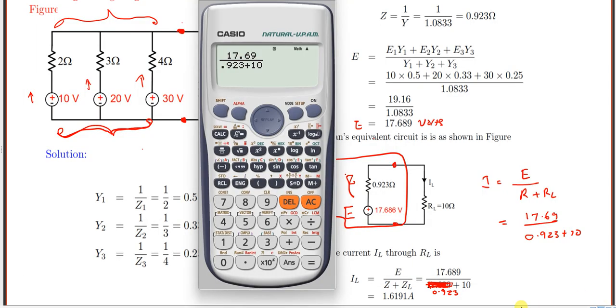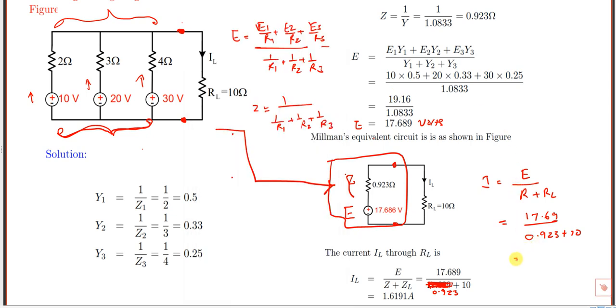Okay, so press equal to, if you click, 1.619 will come. So this answer is correct. IL is equal to 1.619, and the unit of current is amperes. So the current through this resistance is equal to this.